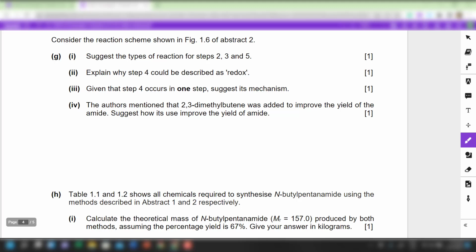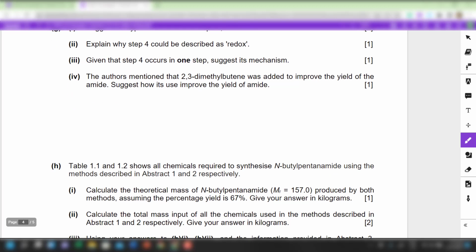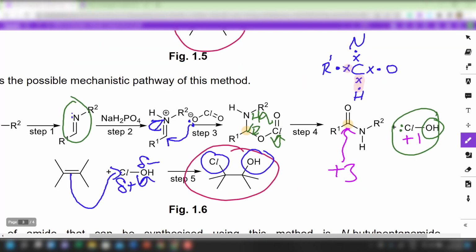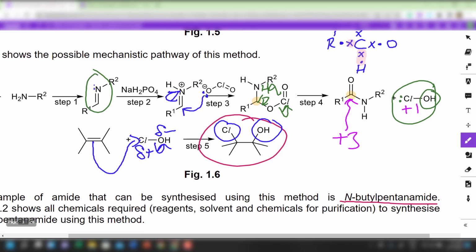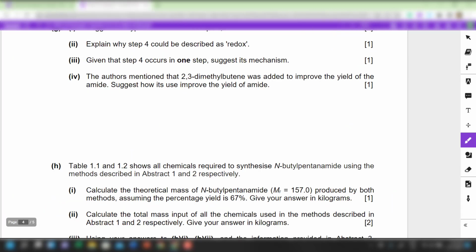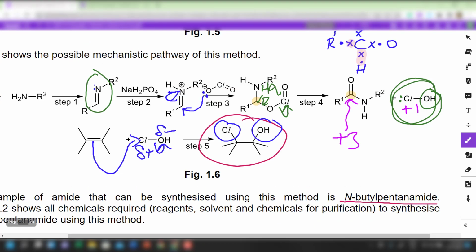Next we have part 4. The authors mentioned that 2,3-dimethylbutene was added to improve the yield of the amides. Suggest how its use improves the yield of the amide. I think we discussed a little bit earlier on. The ClOH produced as a byproduct is consumed by this particular alkene, 2,3-dimethylbutene.